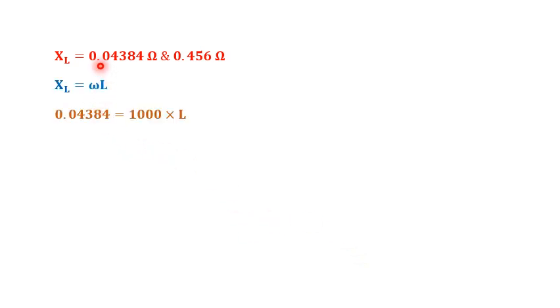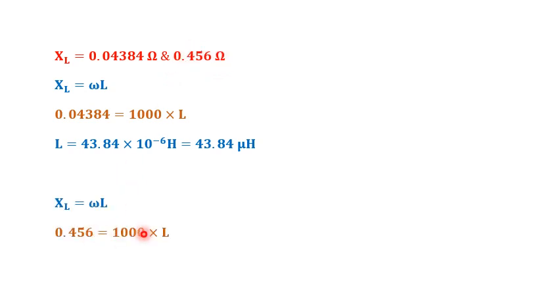So I take the first XL value and use omega to be 1000. You will get L is equal to 43.84 microhenries. Similarly, when we use XL value to be 0.456, we will get L to be 456 microhenries. So this is how the value of L for achieving resonance conditions can be calculated.